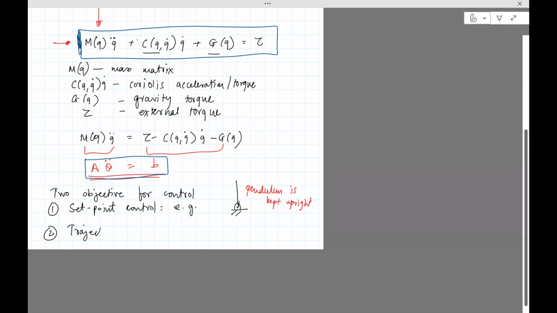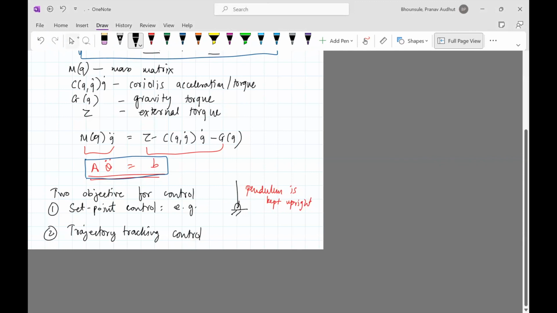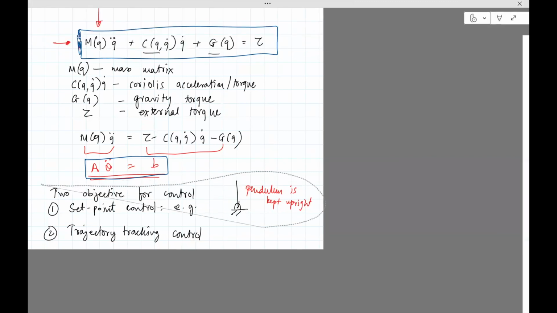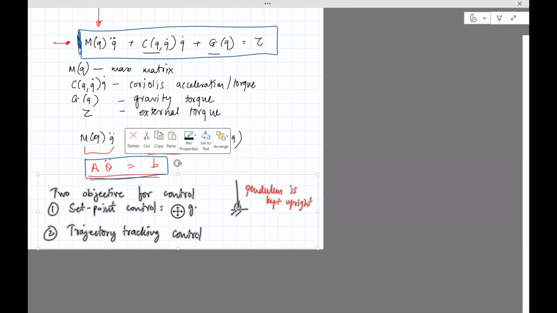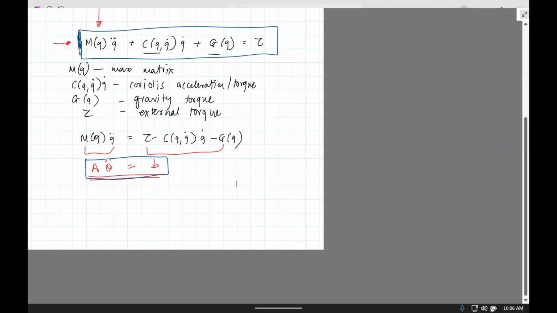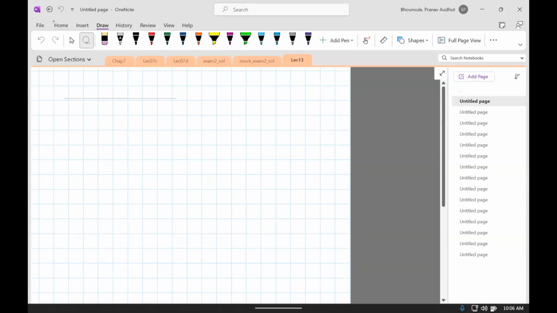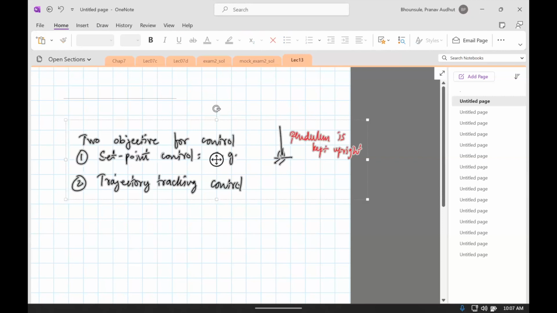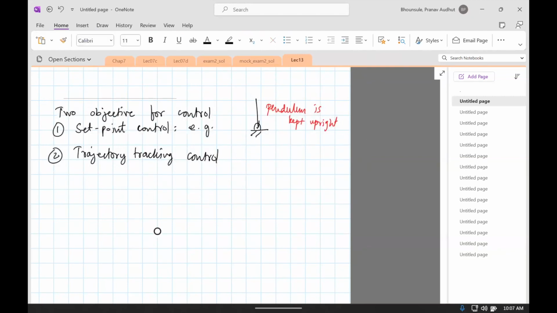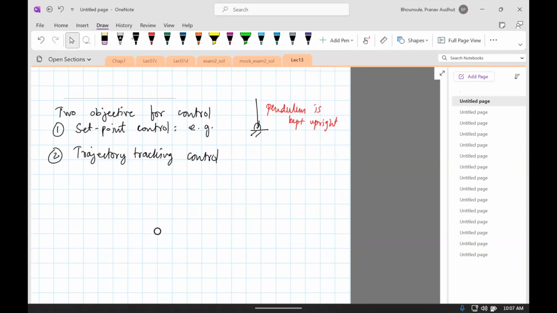The second one, which we are also interested in, is what is known as trajectory control, or trajectory tracking control. Here, what we're interested in is not just keeping it at one particular set point, but we want it to follow a trajectory.